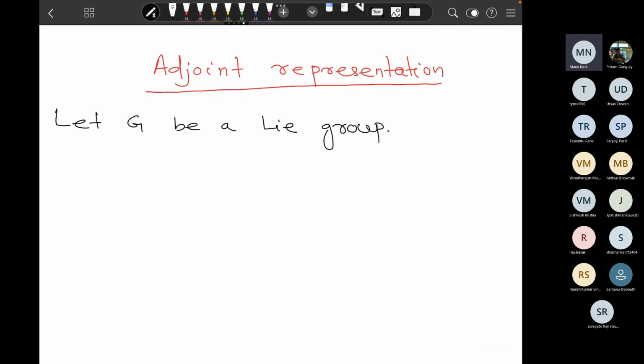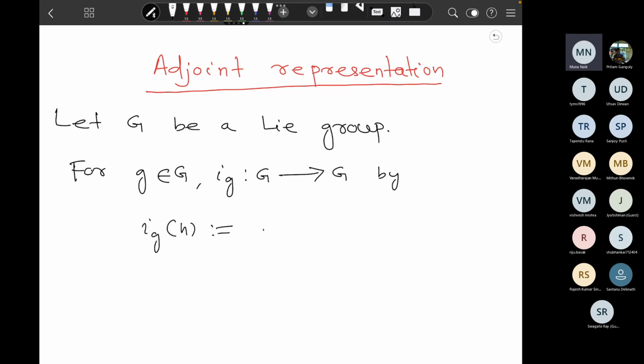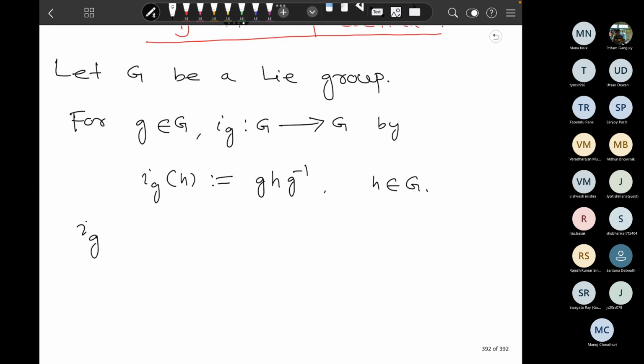For g belonging to G, we define I_g from G to G by I_g(h) equals g h g inverse, where h belongs to G. This I_g is clearly a smooth map, because it is a conjugation by g.